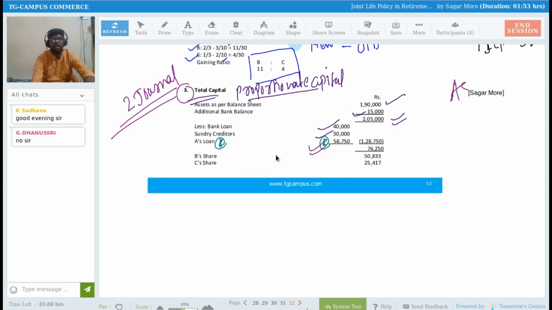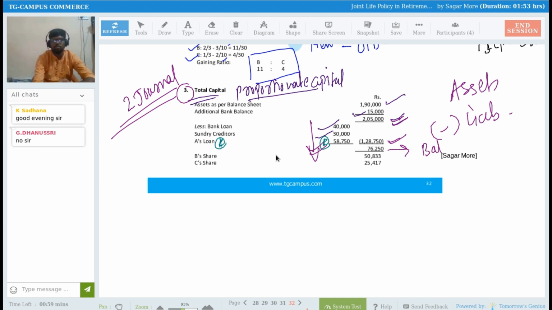We add the assets and from that we subtract the liability. Asset and liability must tally. The total of liability is 1,28,750 and the total of assets is 2,05,000. So 2,05,000 minus 1,28,750, the balance is 76,250.